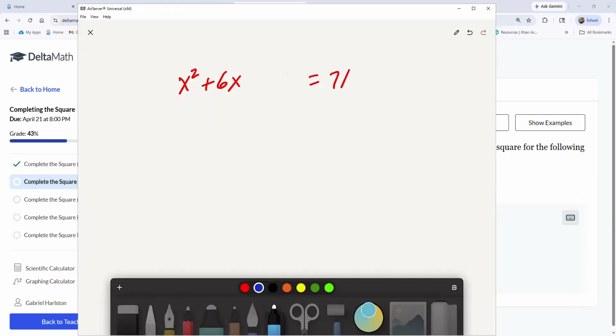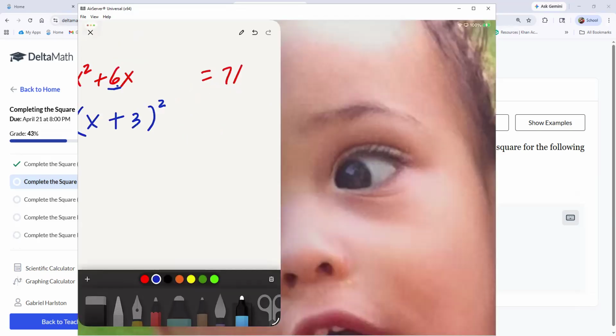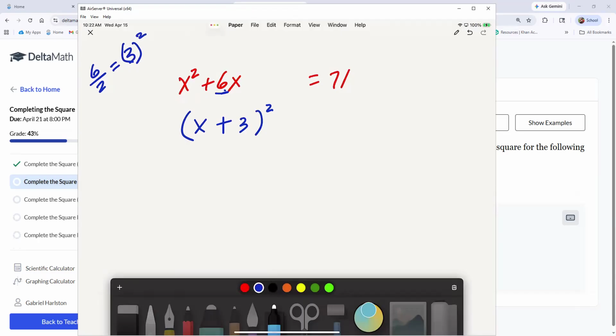All right, the b term is 6, so we take half of that. So that's 3. So now we already know this is what we're going to put here. It's going to be x plus 3 squared. But now we need to know, what do we have to add to both sides? So we're going to be adding 9 to both sides. 9 over here and 9 over here.